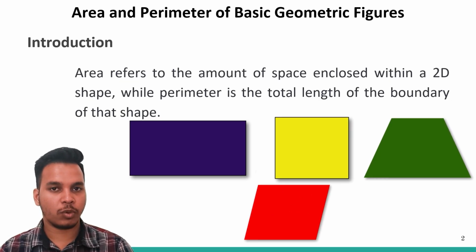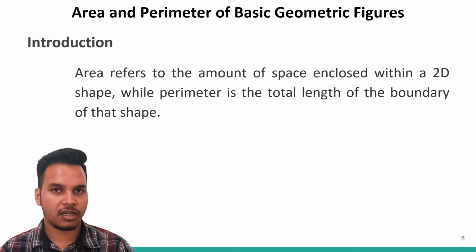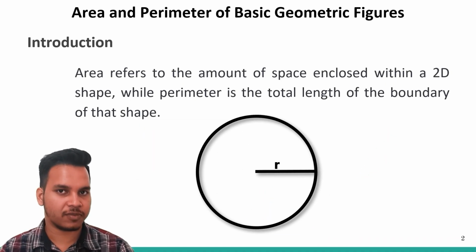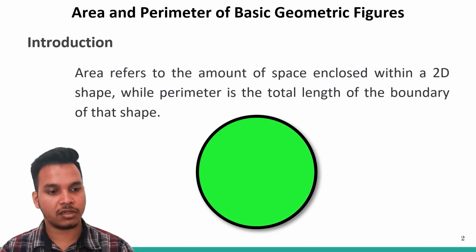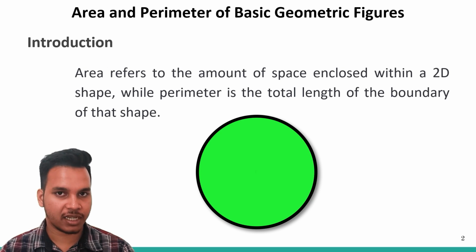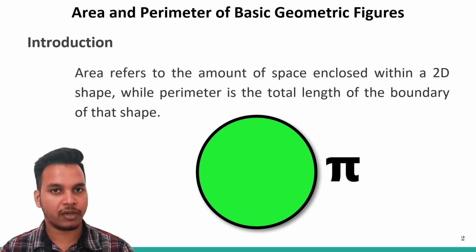We will discuss each one in detail: what a circle is, what the radius of a circle is, what the diameter of a circle is, what the area of a circle is, and what kind of formulas you need to find the area and perimeter of a circle. What is the role of pi there? We'll also learn the role of pi.